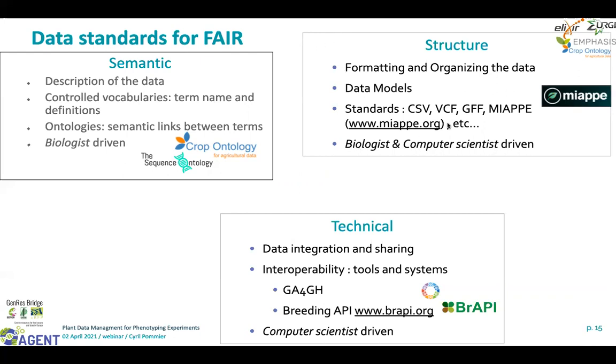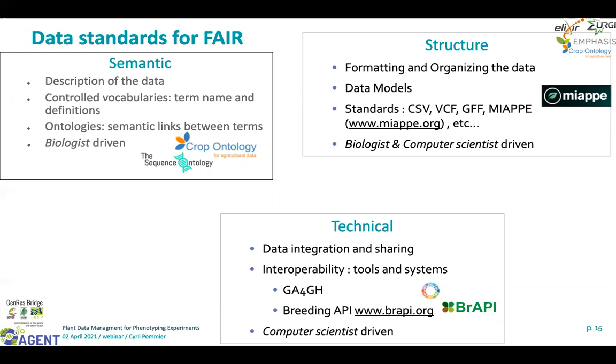The second type of data standards are structure standards. They provide means to format and to organize your data. They provide a data model to understand it. There are things such as CSV, VCF, GFF, and MIAPPE. And to have efficient structure standards, they must be both biologist and computer scientist driven.